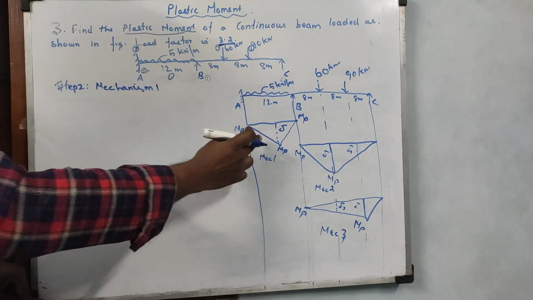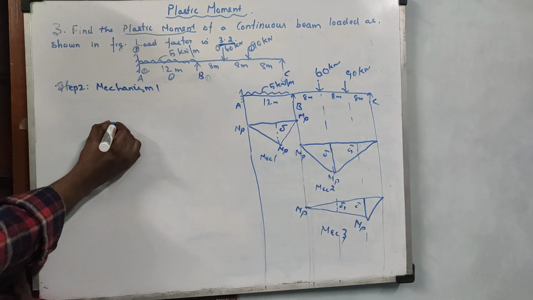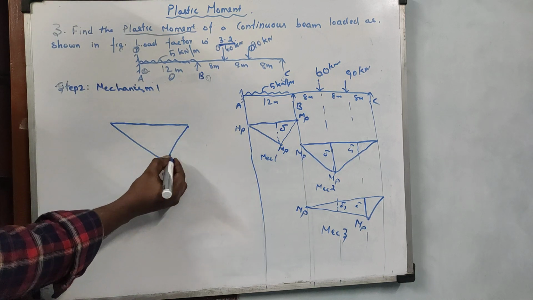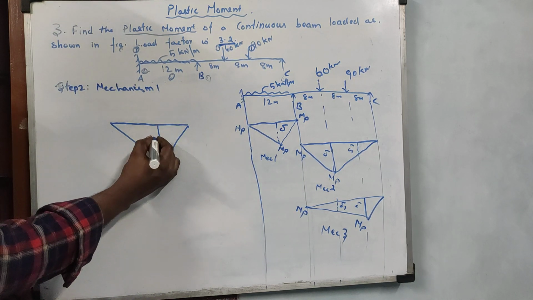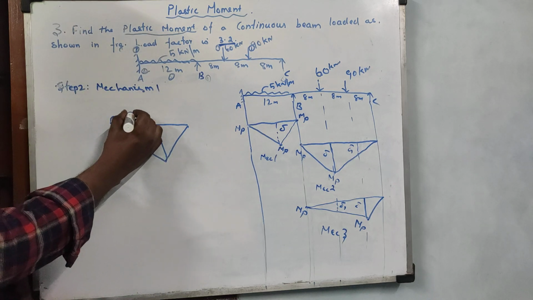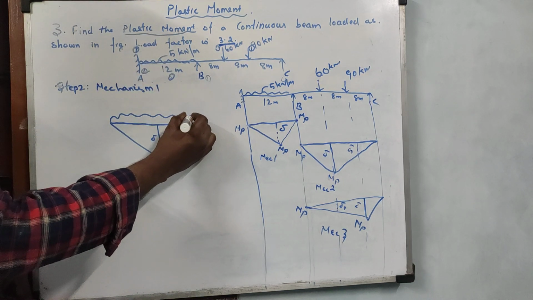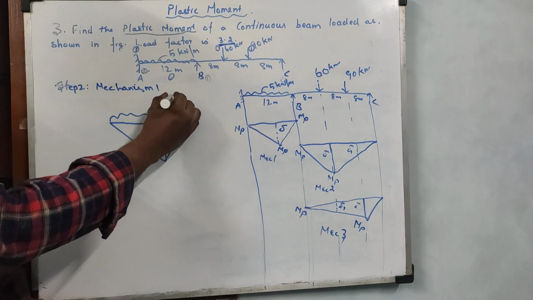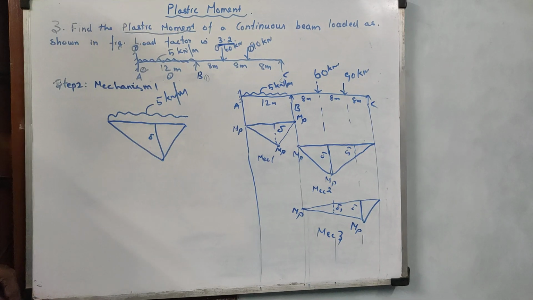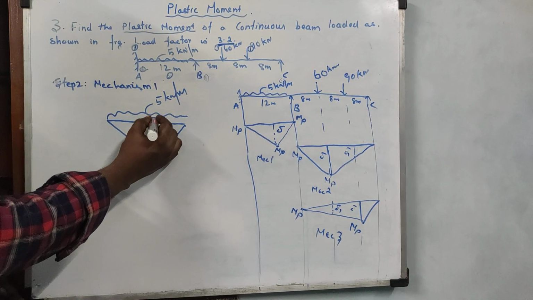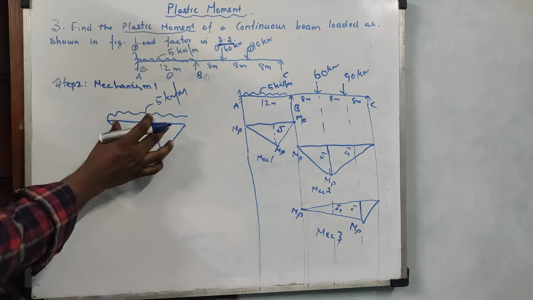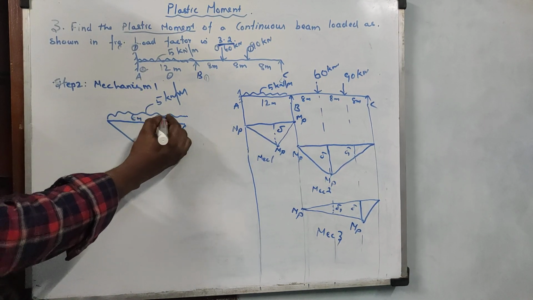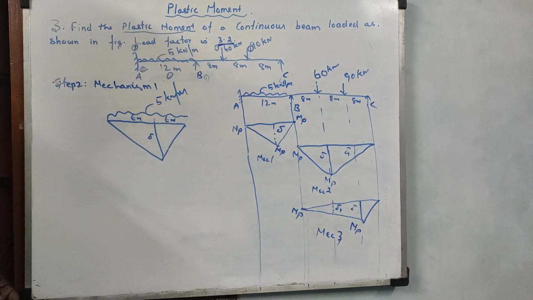Mechanism 1. Draw this deformation diagram. The deflection is del, and there is a UDL above this deformation of 5 kilonewton per meter. Since it is symmetric, this distance equals 6 meter, and this distance equals 6 meter.